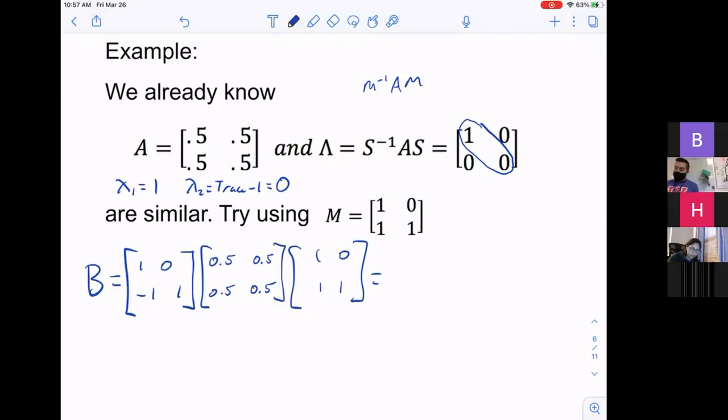It'll be a different one that's similar to both. So again, I'm going to multiply the first two here. 1, 0 times 0.5, 0.5 is going to be 0.5. 1, 0 times 0.5 and 0.5 is 0.5. -1, 1 times 0.5, 0.5 will be -0.5 plus 0.5, which is 0. And then the same thing for the second column.